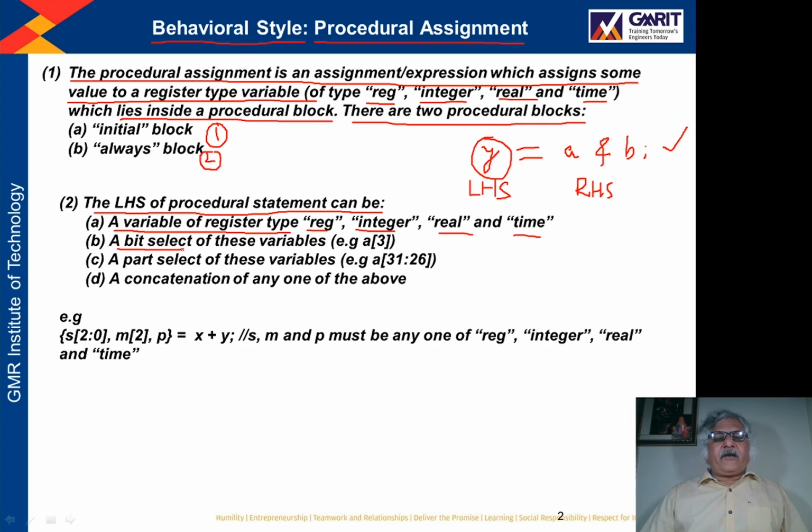B, a bit select of these variables, example A within bracket 3.